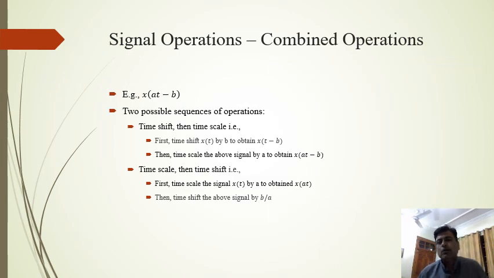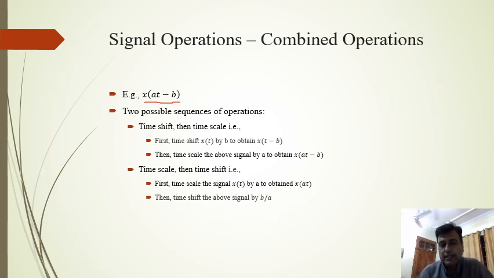Okay, now let's talk about a combination of these operations. Sometimes we are required to draw signals in which more than one operation is combined. We have discussed three different operations: time shifting, time scaling, and finally reflection or time reversal. Suppose we have some x of t, and from that x of t we have to draw the signal x of at minus b.